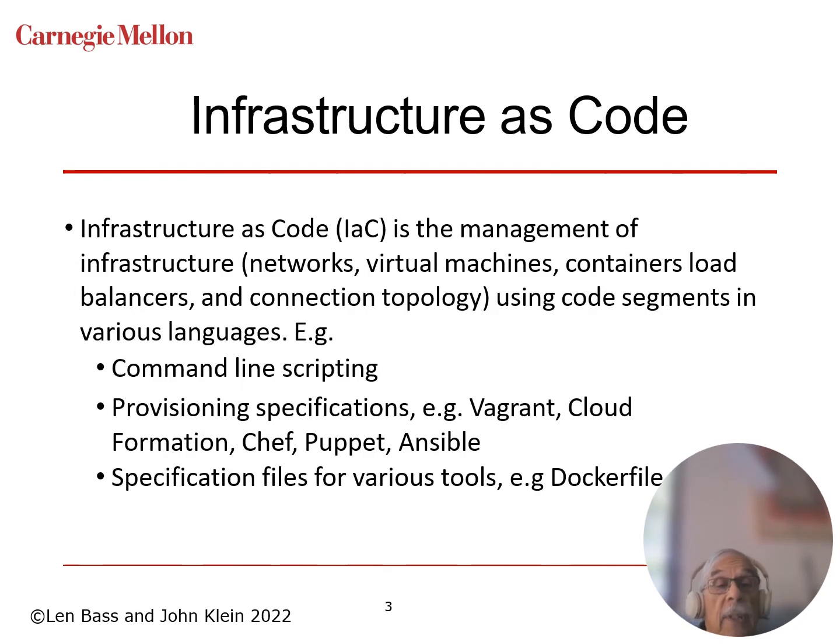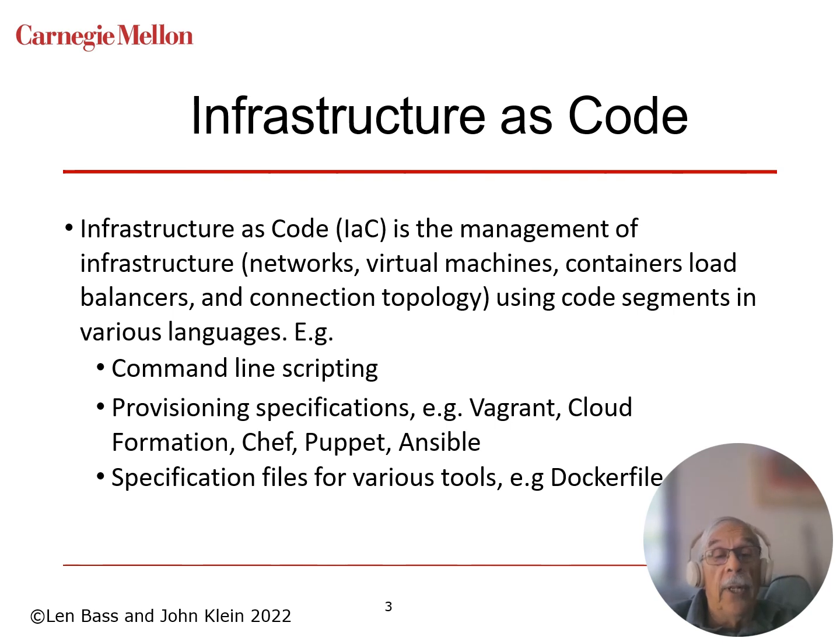It's sort of obvious. That means networks, virtual machines, containers, load balancers, connection topologies. And you use code segments to do this in a variety of languages. For example, command line scripting is a very old form of infrastructure as code.